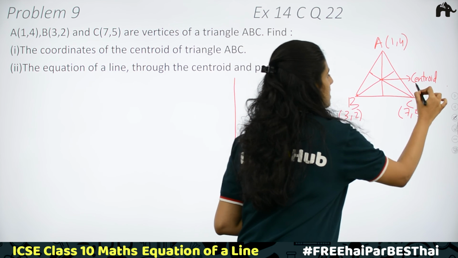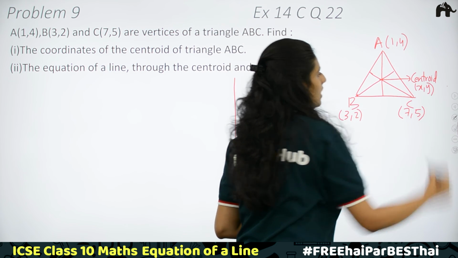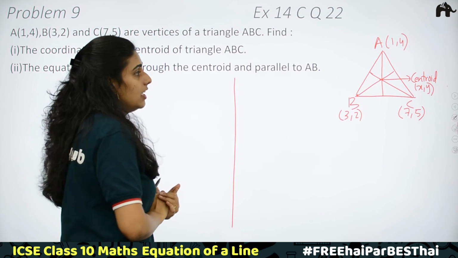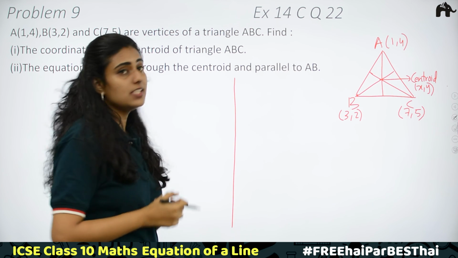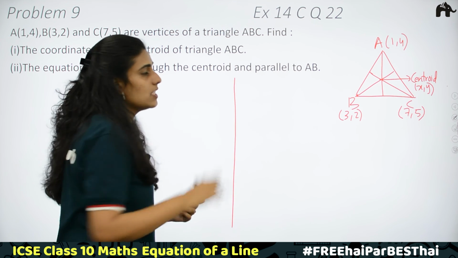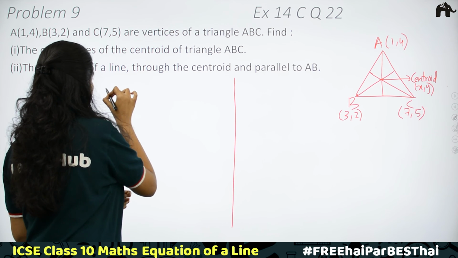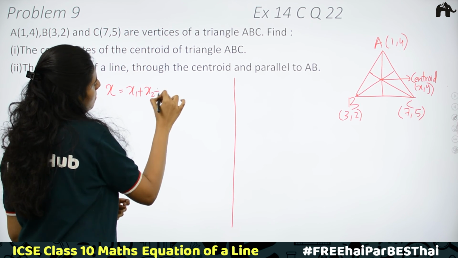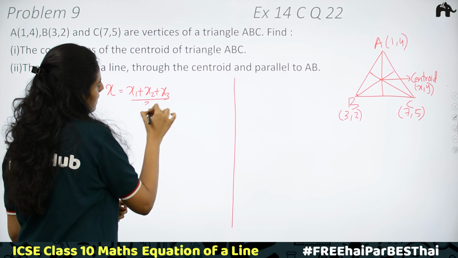Yes. So let us take the coordinates of the centroid as (x, y). Now how to find the coordinates x and y of the centroid? When you know the vertices, you can easily find it. x will be equal to (x1 plus x2 plus x3) divided by 3.